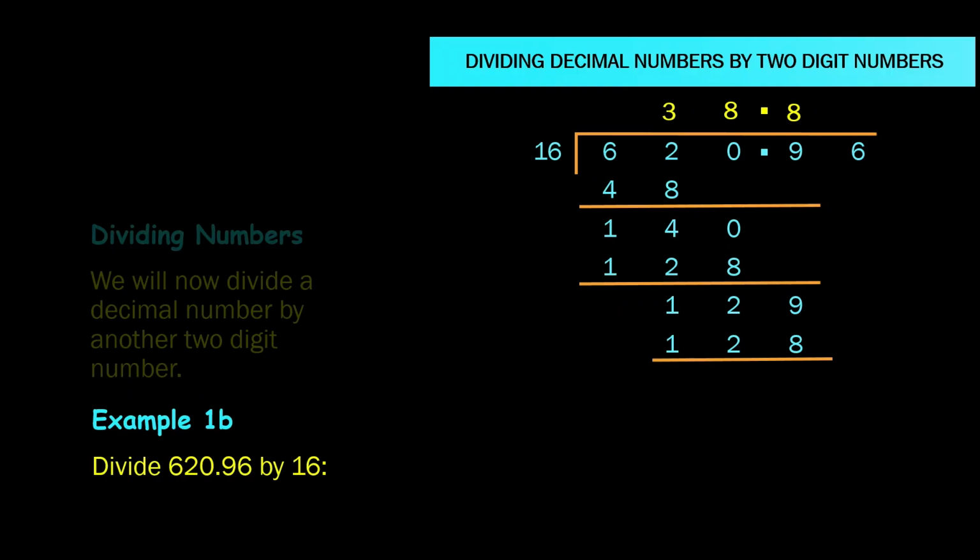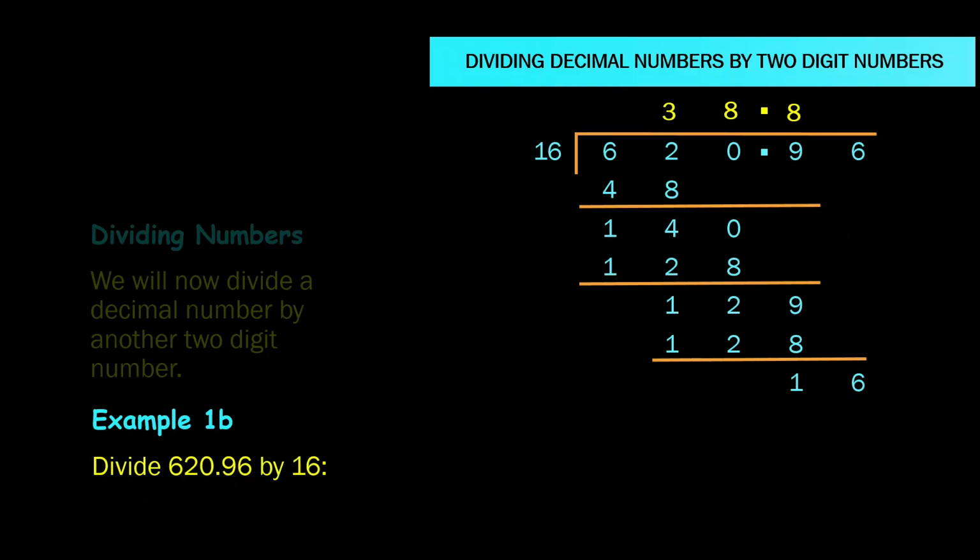Now subtract 128 from 129 to give 1. Bring the 6 down and position it here, as shown.